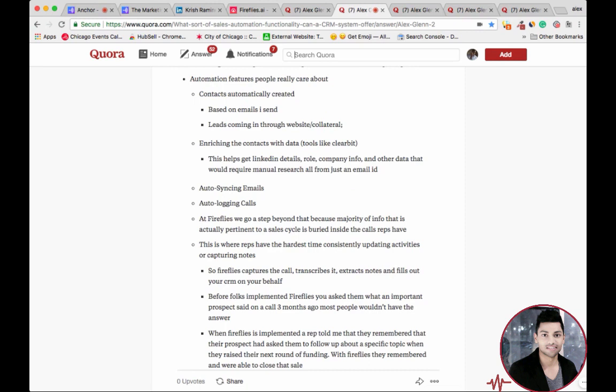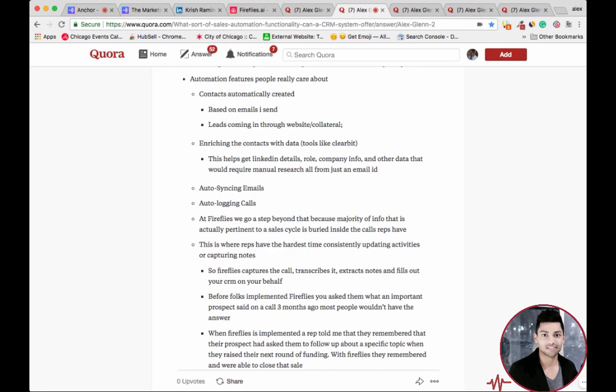When we think about this a little further, we've grown to expect CRMs to help assist with this data capture. Automation features people really care about today are things like automatically creating contacts inside your CRM when you email out to people or when leads come into your website and fill out different forms. We have tools to help enrich the details of all these leads, right?